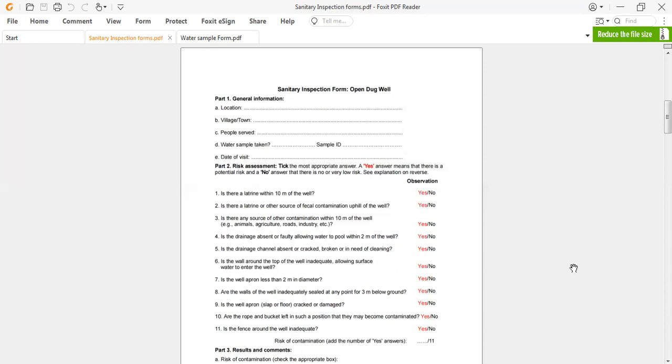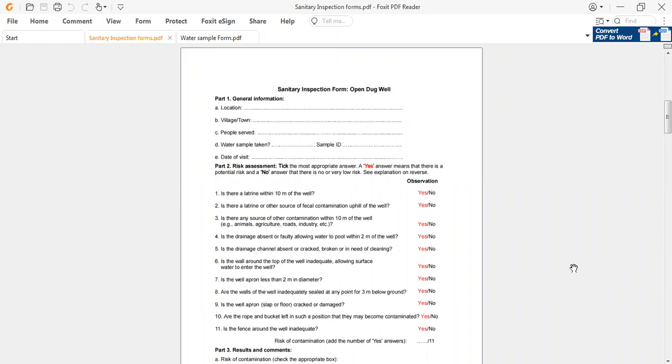The well that was known for not being contaminated might become contaminated one day. And if it's a yes, then you tick to show that there's a risk, since the latrine is found within 10 meters of the well.